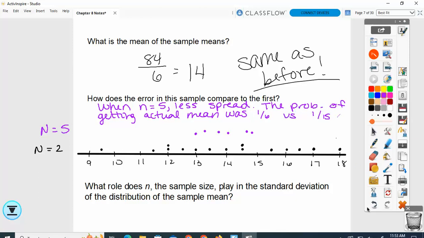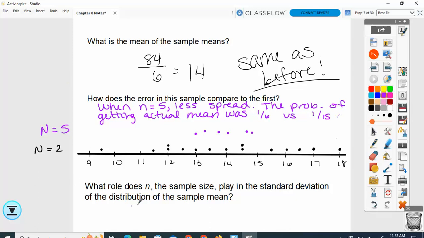So what we're seeing is when our sample is bigger, our data is less spread out. It's more consistent. It is closer to the average, which shouldn't that make sense? If you take 5 pumpkins, wouldn't it be a more accurate average than only taking 2? So the bigger your sample, the more likely you are to get something that resembles the true population.